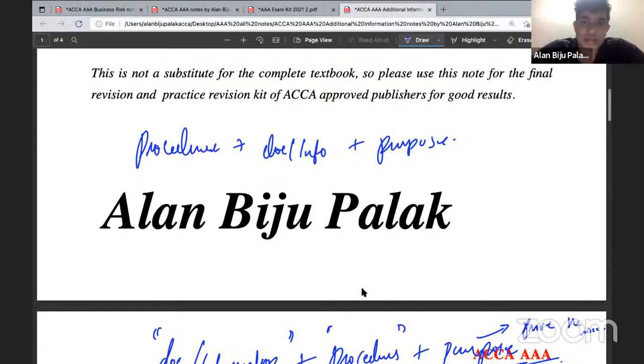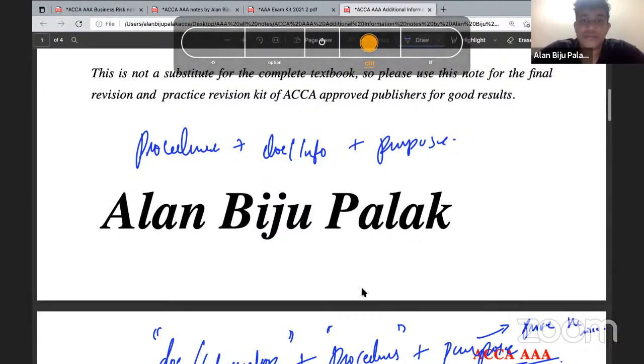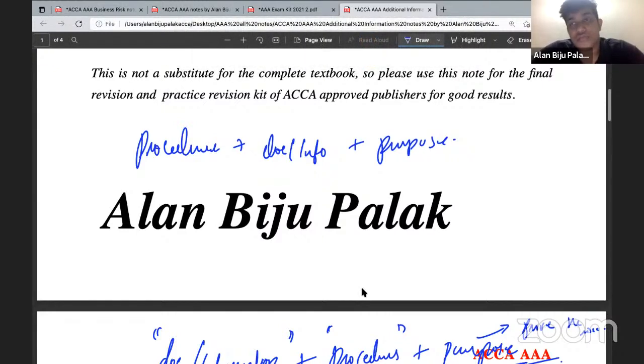Next, for example, the management might state that they have reduced the amount of impairment expenses, or they haven't charged any amortization expenses for an intangible asset. In that case, we need to understand whether these assumptions are reasonable, and we must also ensure that the management is agreeing to this assumption.